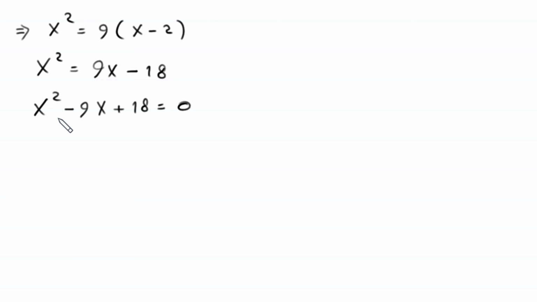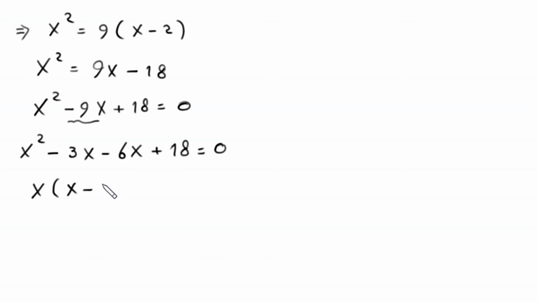And this is a quadratic equation and is factorable. We write this x squared, and we break this negative 9x into two terms, negative 3 times x minus 6 times x plus this 18 equal to 0. From these two terms we can factor out x. In bracket left x minus 3, and from these two terms we can factor out negative 6.